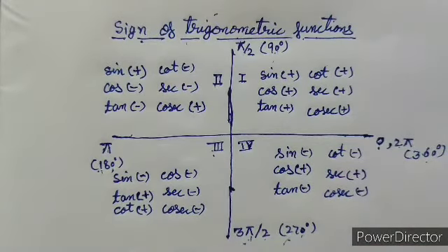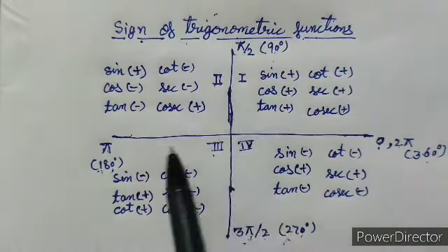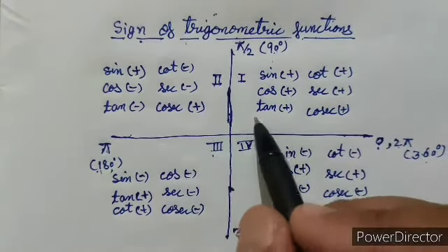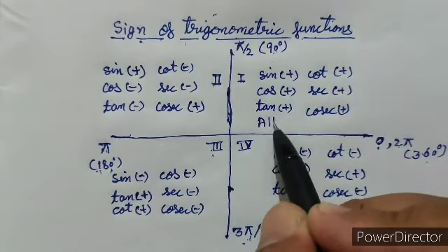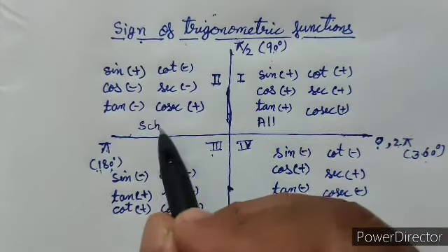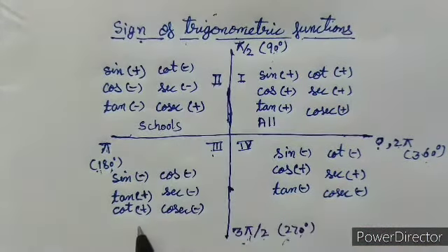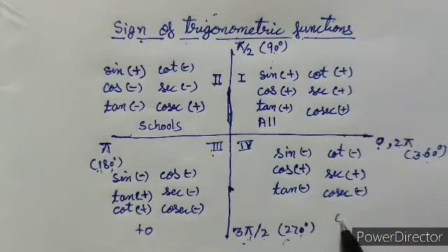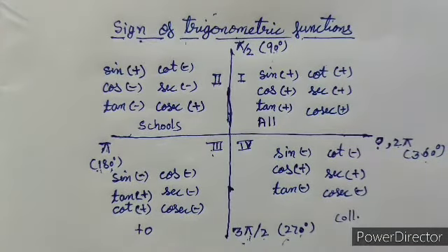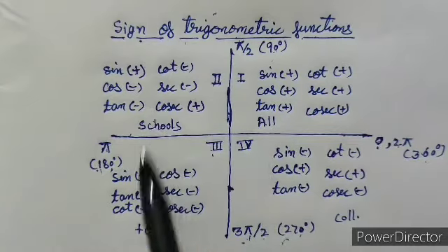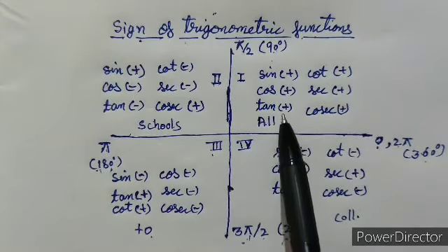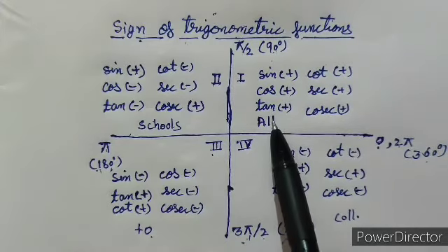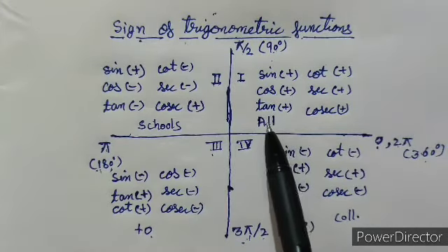Now we can also memorize it by "all school to college". Now we can use this to memorize which trigonometric function is positive in which quadrant.